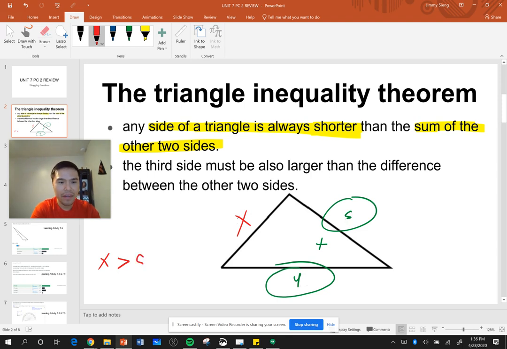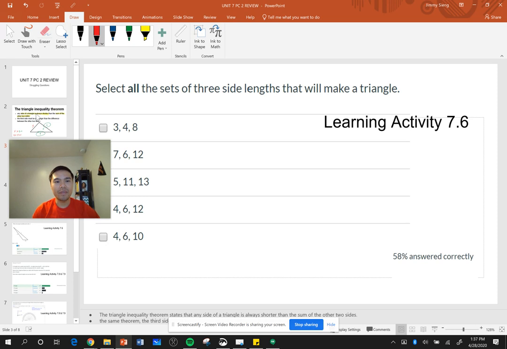So it has to be bigger than 5 minus 4 in this case. All right, we'll do some example problems, but I just want to kind of establish this. So that x has to be bigger than 1, but it also needs to be smaller than the sum of those, which is 9. So I can say that x has to be bigger than 1, but it also must be smaller than 9. All right, let's do some examples.